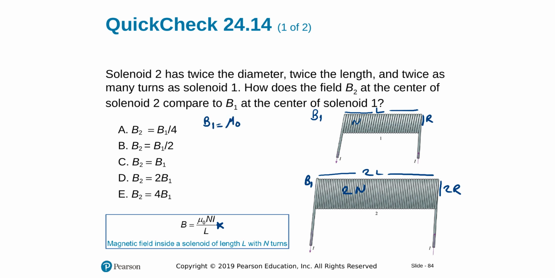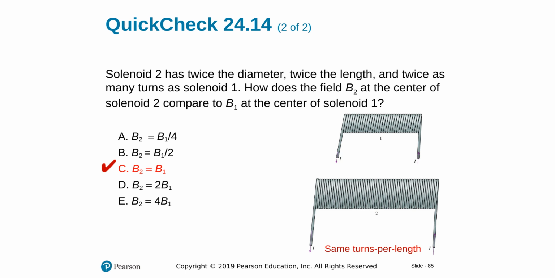If you write down this equation for both, you will see that they will have the same magnetic field, mu0 and I over L. B2 is mu 0 and 2I over 2L, cancel, will be the same. If you apply the right hand rule, let's apply to this one, the other is also the same. Current is down in here.